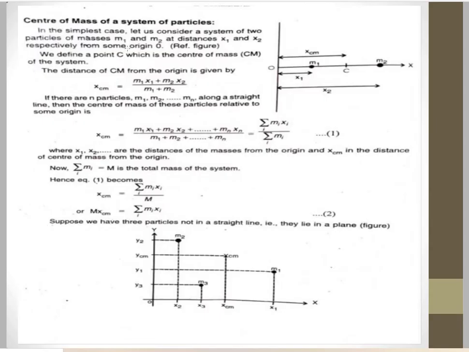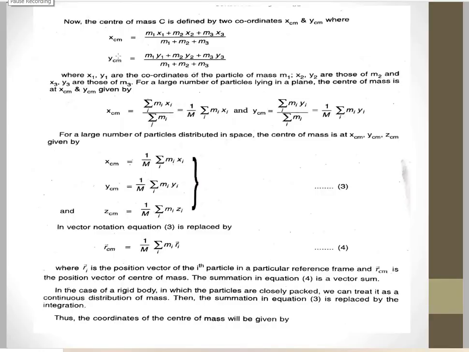And ycm, the y component of the center of mass, is given by m1 y1 plus m2 y2 plus m3 y3 divided by m1 plus m2 plus m3. So we can sum up. Suppose we have n number of particles, we can write xcm is equal to sum over mi xi divided by sum over mi. So what is sum over mi? m1 plus m2 plus m3.